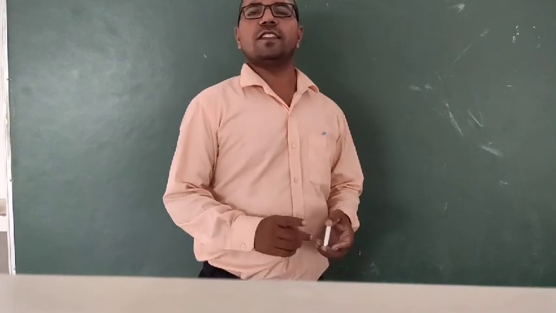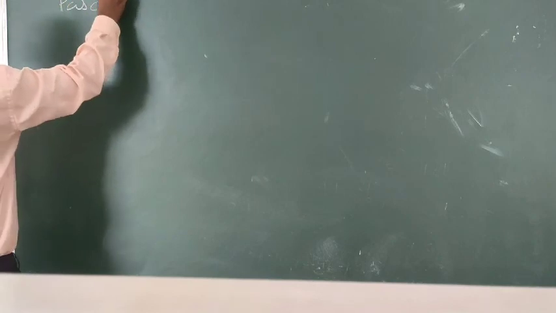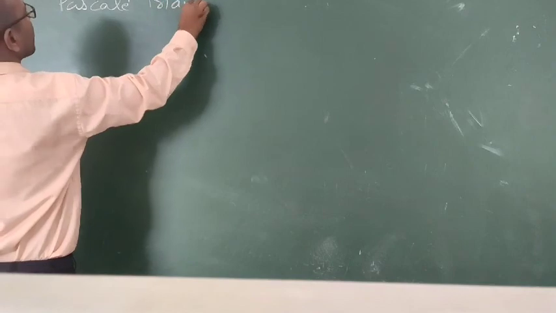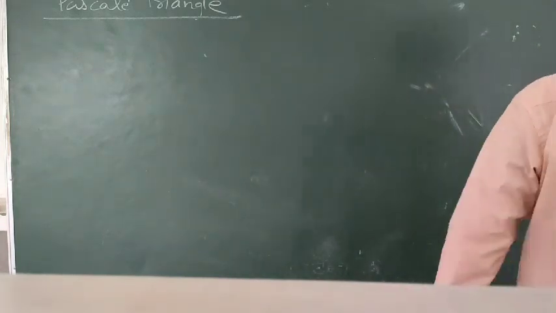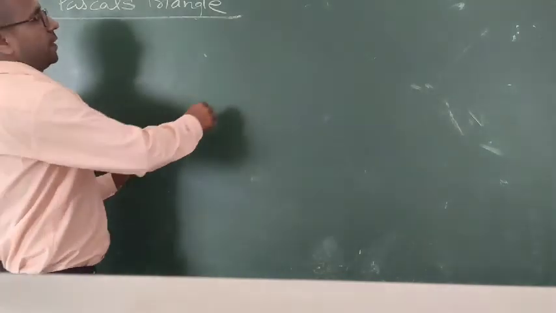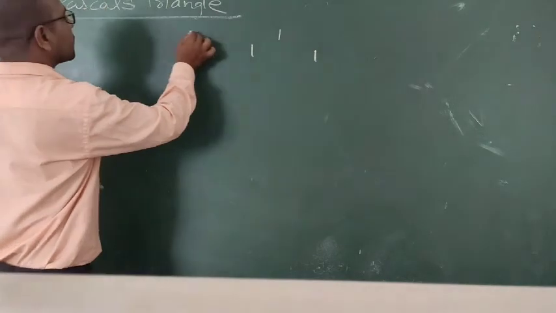So now students, the same coefficients we can find out by using Pascal's triangle also. So let's see what that triangle is. Pascal's triangle. Suppose we are taking a 1, so on the corner side will be 1.